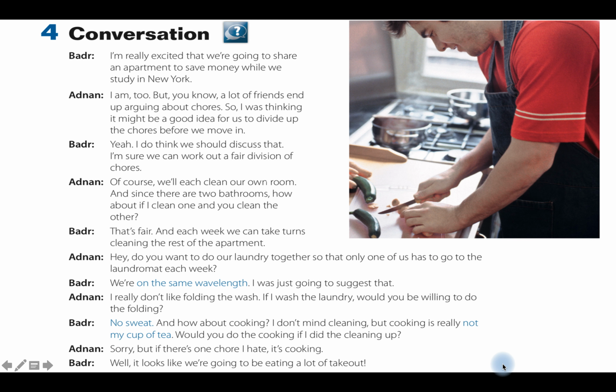So they were talking about how they are going to divide the chores between them when they move together to an apartment in New York. راح ينتقلون للعيش سويا في شقة في نيويورك ويتفقون على كيف يقسمون بينهم الchores اللي هي الأعمال المنزلية. And it's crystal clear that they are doing it in a friendly way. يعني واضح إنهم قاعدين يسوونها بطريقة ودية.